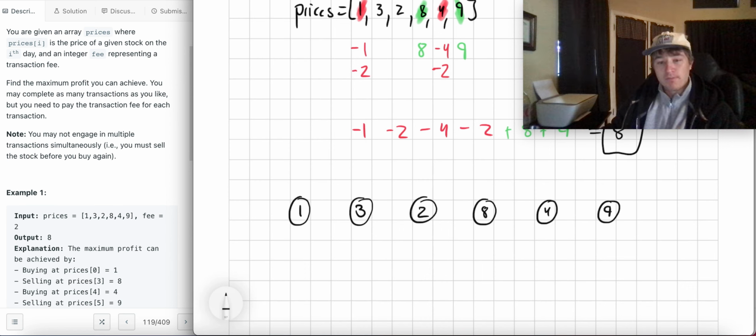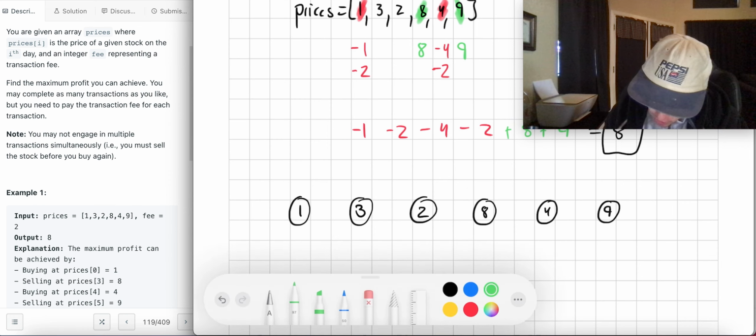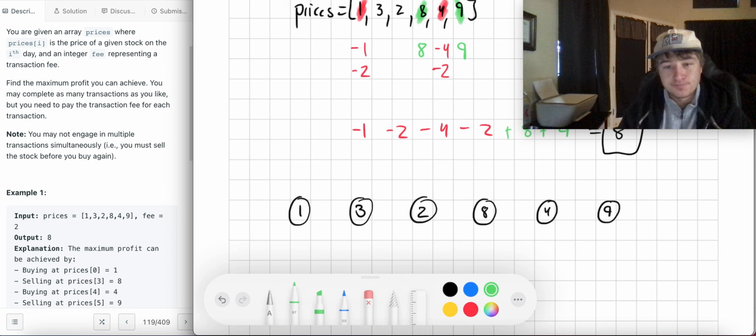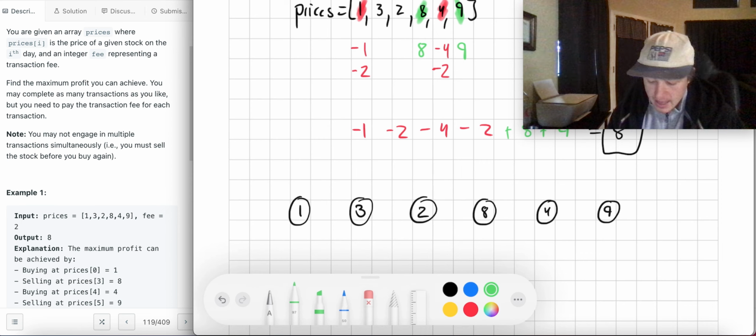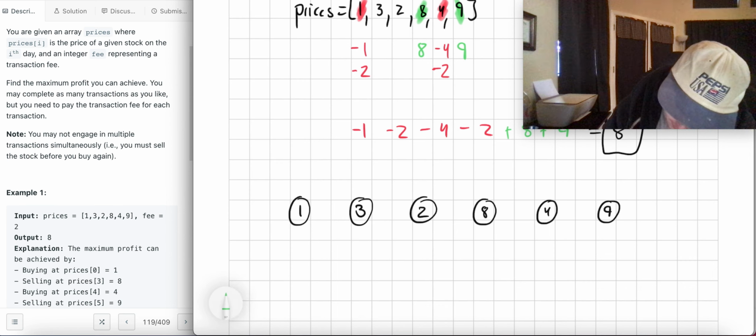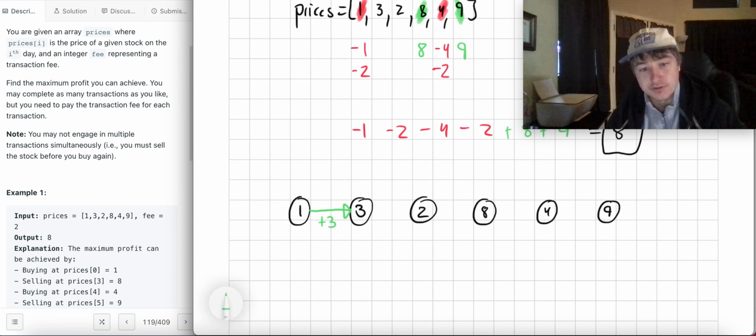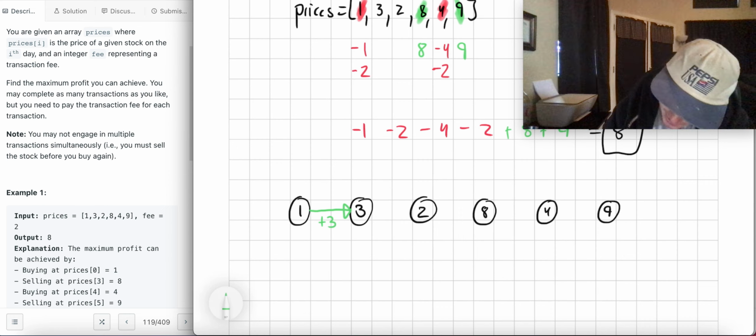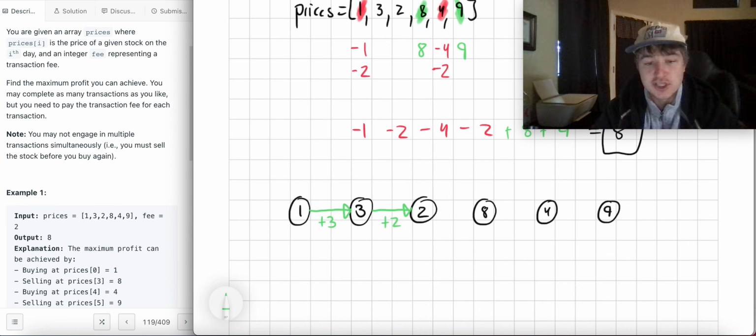If we said that green edge was selling the stock, right? If I sold the stock in this position, I'd get plus $3. If I sold the stock at this position, I get plus $2, because the stock is what I'm holding.